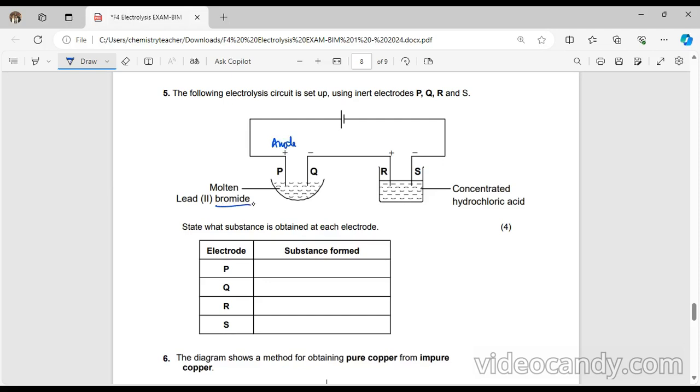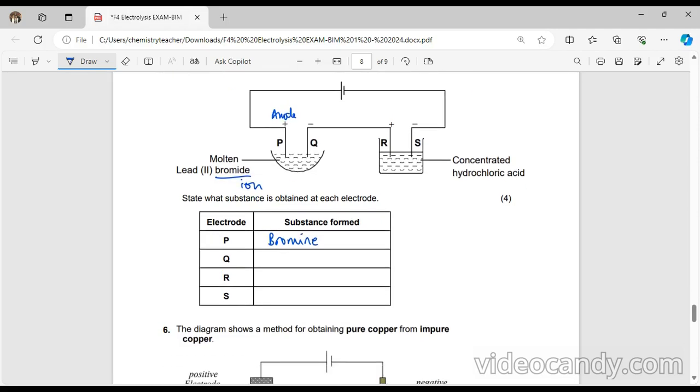That's where the anion bromide will be, and that substance made will be bromine gas. It's really important when you write bromine that it's with an N. That's the element, bromide is the ion. And then at Q, it's molten lead bromide, so we're going to get lead metal because it's not a solution, so there's no other hydrogen or hydroxide ions.